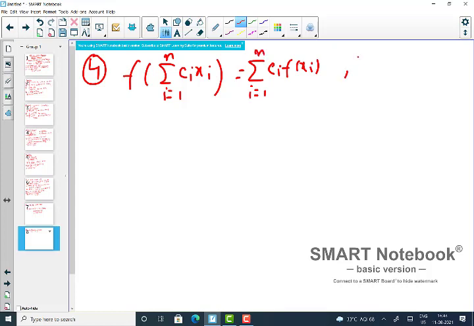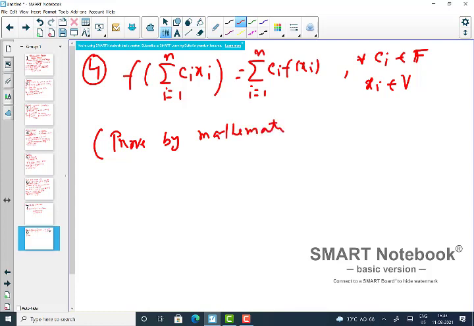Here ci is an element of the field, and xi is an element of the vector space V. You can easily check this, and here you need the proof by mathematical induction.